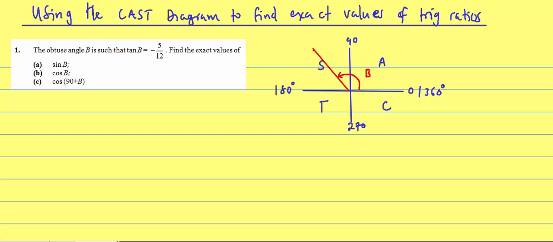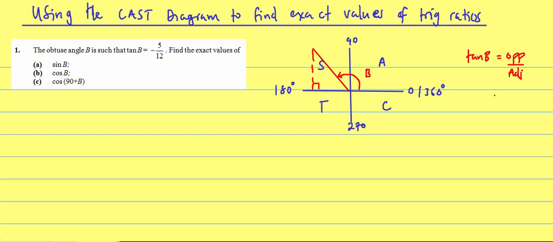If I drop a perpendicular to this negative x-axis, I will be able to make use of this right angle triangle to find the required trig ratios. And I know that tan B is going to be the opposite divided by the adjacent side.